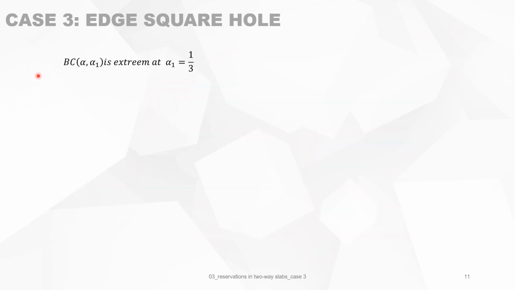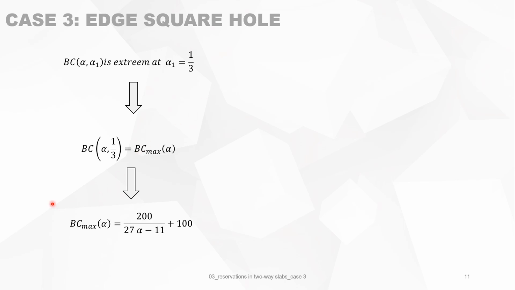Let's now look at the extreme, the right-hand side of the previous graph. We know that this is occurring at alpha 1, the size of the hole, equal to 1/3 of the minimum size of the slab. That means that the bearing capacity is for alpha, and then alpha 1 is 1/3, and I call that the maximum bearing capacity of the slab.